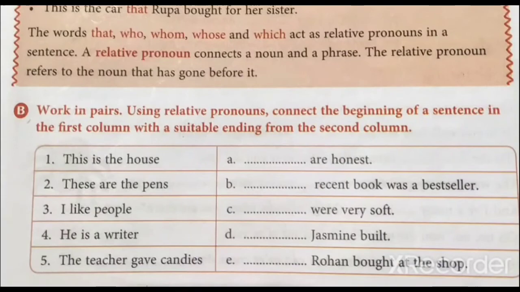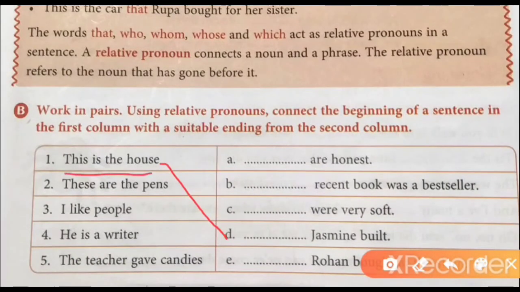See the first one. This is the house. Which will be the answer, children? Which will be suitable for this? Yes, you are correct. First you have to match it.